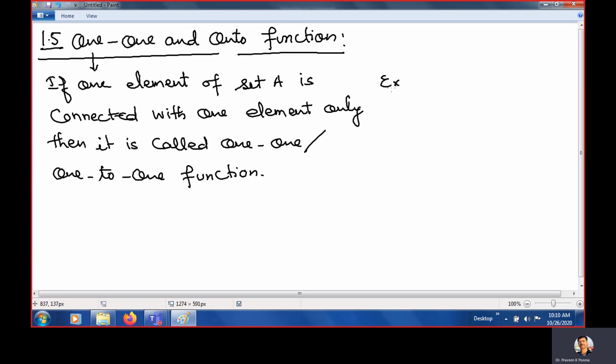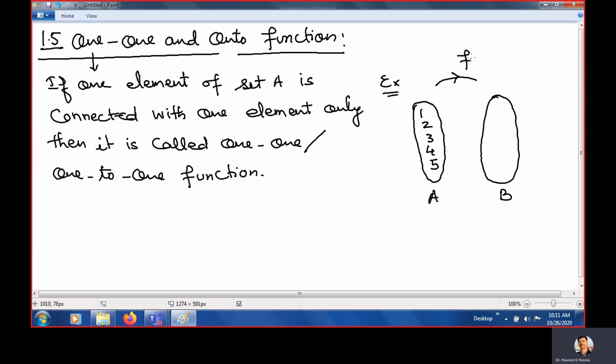For example, if we see here, this is the set A having 5 entries, 5 objects, 5 elements. You can say anything. Clear? This is set B. They are connected through a function f.